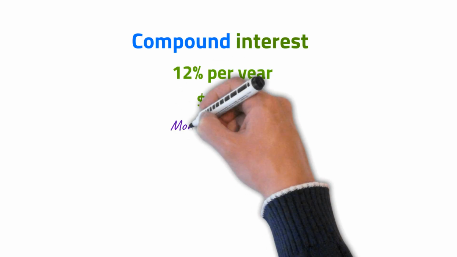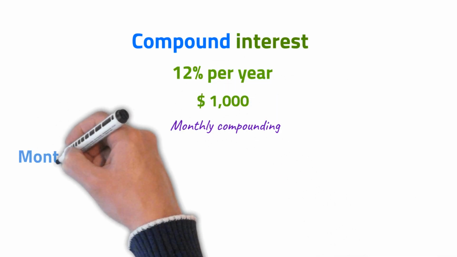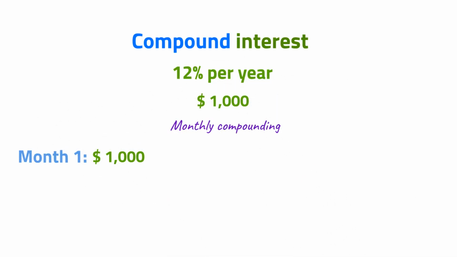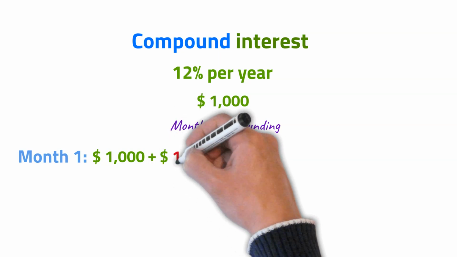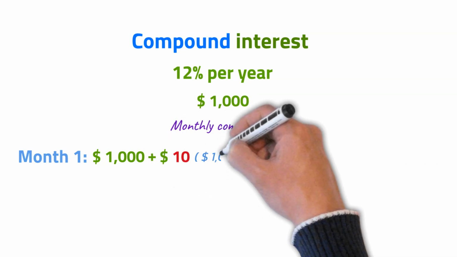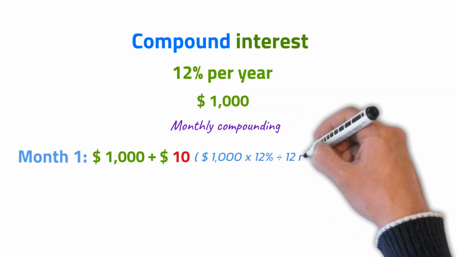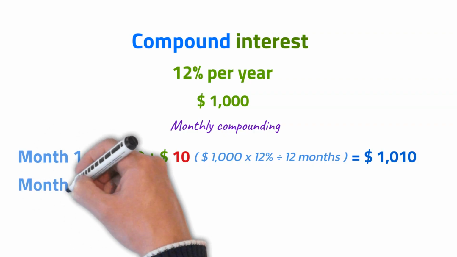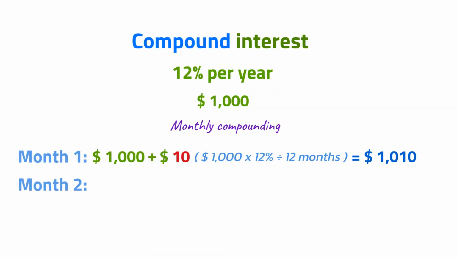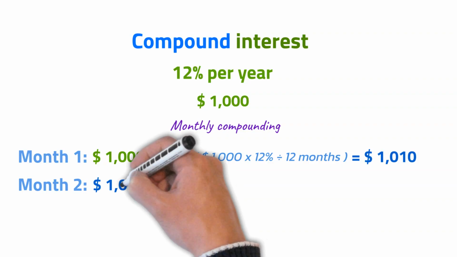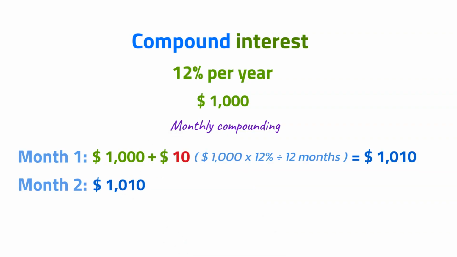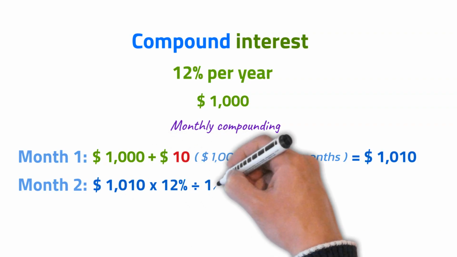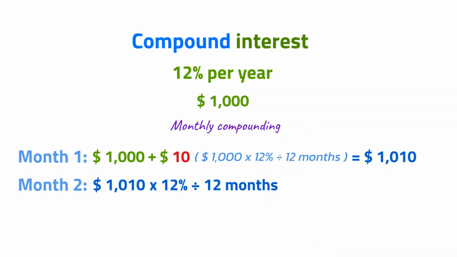If it's monthly, then after month 1, we will have 1,000 of principal plus $10 of monthly interest. It is calculated as 1,000 times 12% divided by 12 months. It will be $1,010 in total. For the next months, the interest will be calculated on 1,010, not 1,000, and will now be 1,010 multiplied by 12% divided by 12, and equals $10.10.